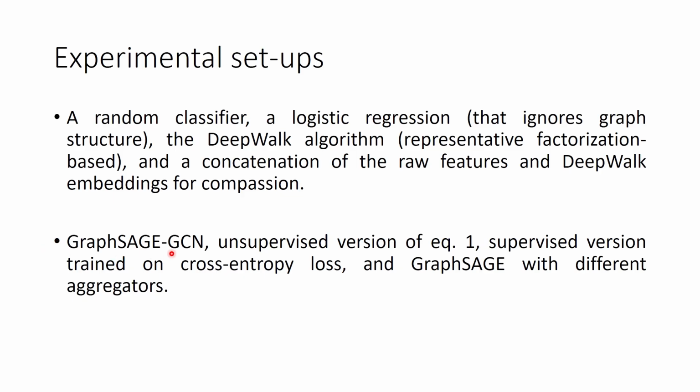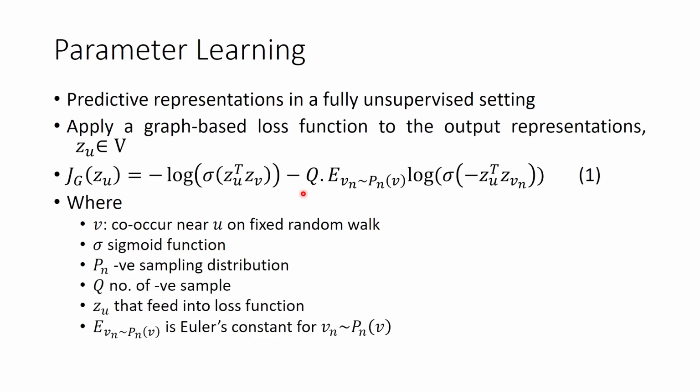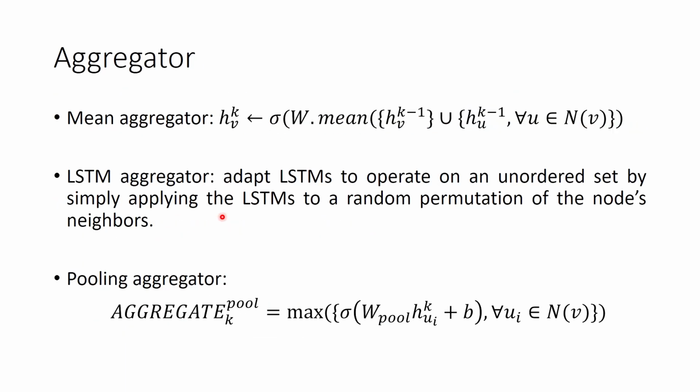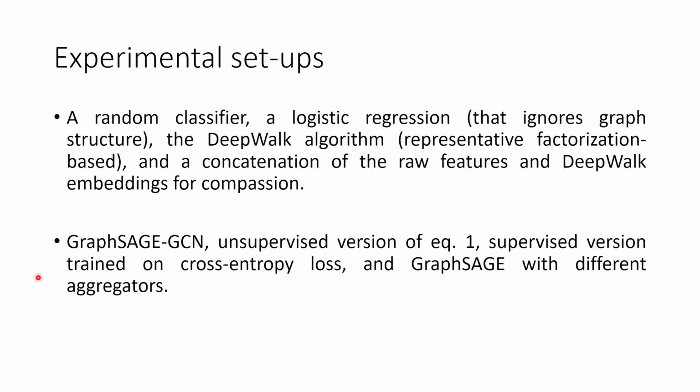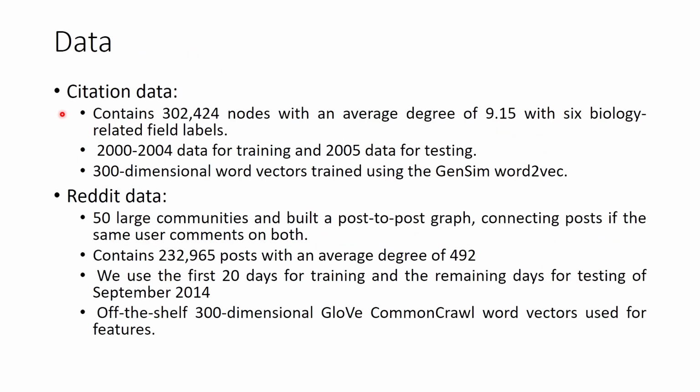And also we have taken the GraphSAGE Graph Convolution version, which is unsupervised. If you talk about unsupervised, it will be optimizing this loss function. For the supervised, you use cross entropy loss and GraphSAGE. These are the experimental setup.